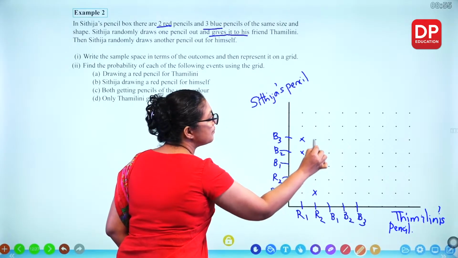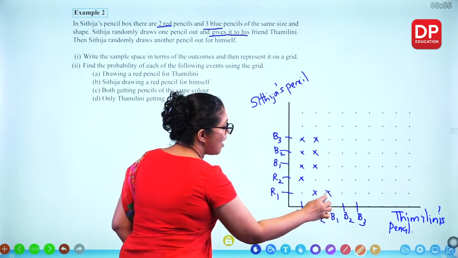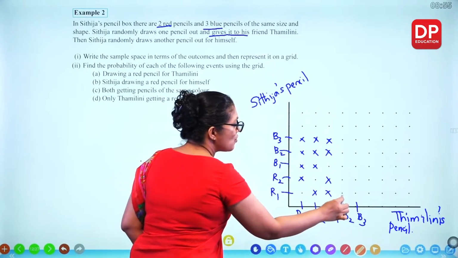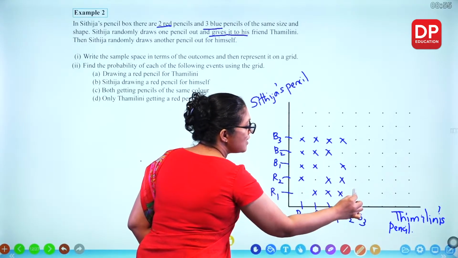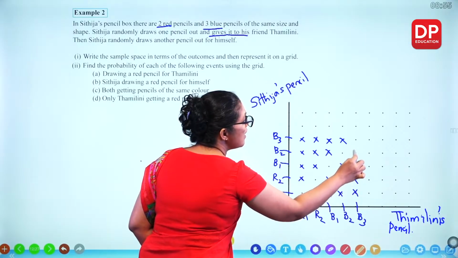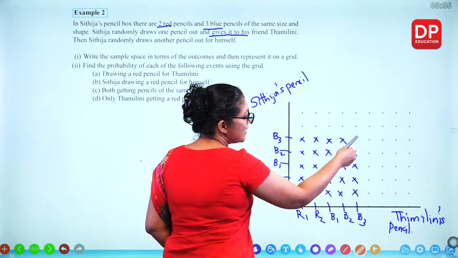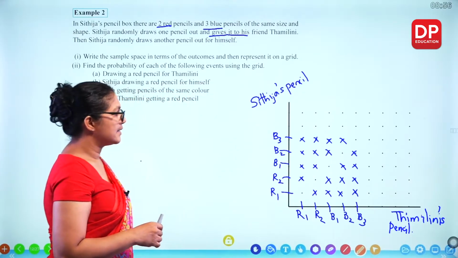B1, you can't get B1 again. B2, you can't take B2 again. For this one, you can't take B3 again. So can you see? The main diagonal terms are not there.